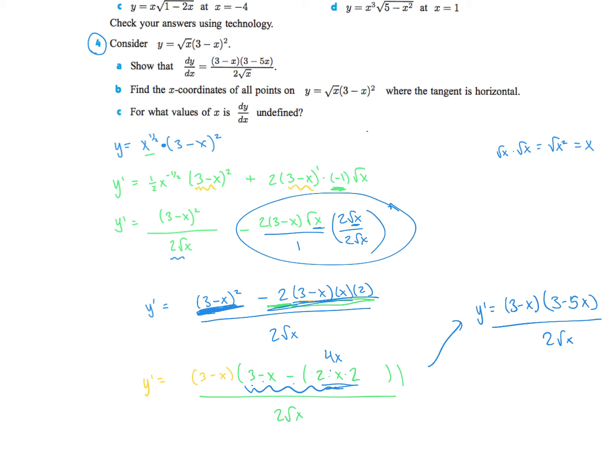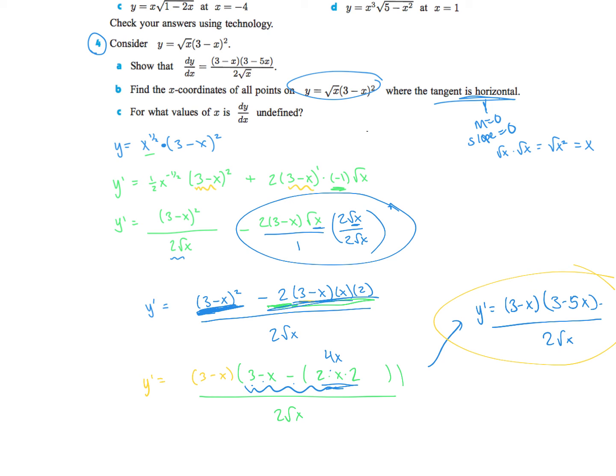Okay? Now B says find the x-coordinates of all the points on this where the tangent is horizontal. So remember, the tangent is horizontal. Horizontal has a slope of 0, so that means that this slope is equal to 0. So we need to set the derivative equal to 0.